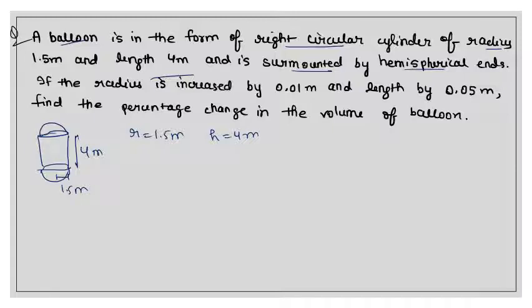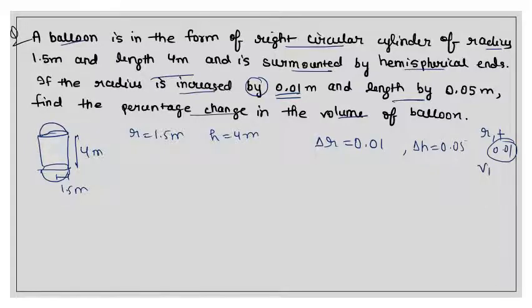So now the radius is increased by, when we add these hemispherical ends, there is an increase. So there is a change because it is increased by, that means whatever we were having initially, it increased by 0.01. That means the change is 0.01 and change in height is 0.05. You have to find out the percentage change in the volume.